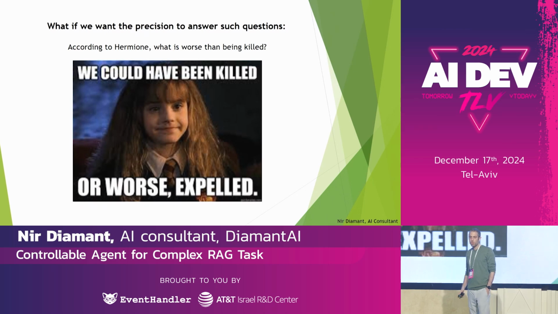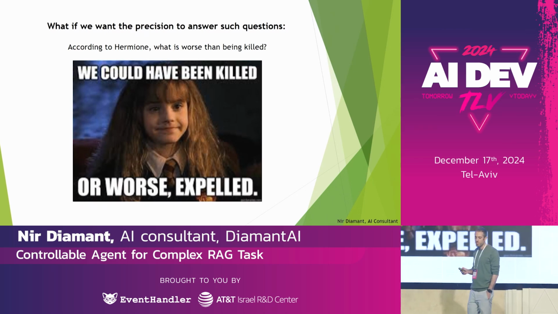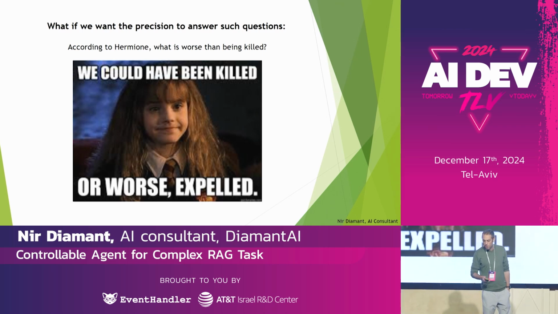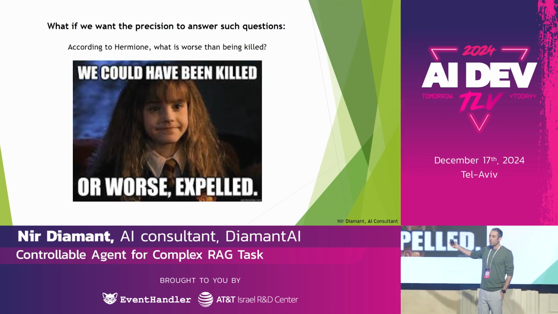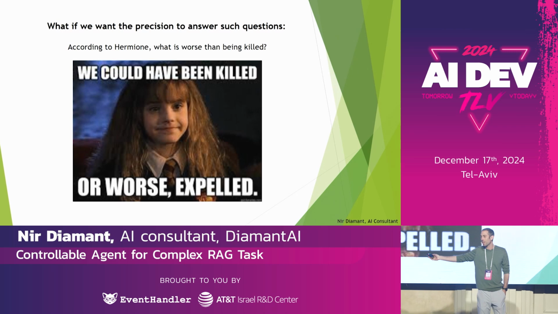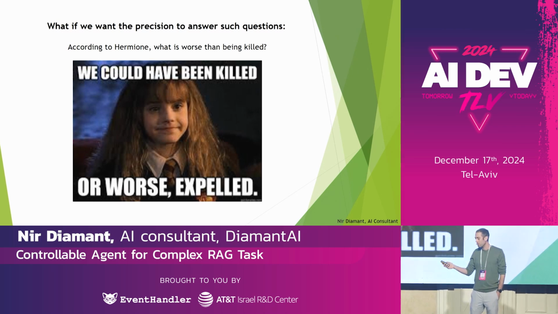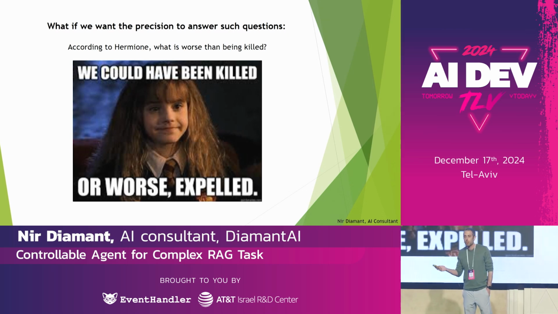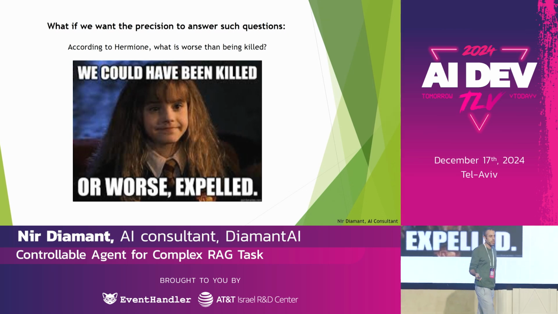Now, if you want much higher precision, for example specific quotes from the book. I don't know how many of you read Harry Potter or saw the movies. I guess many of you. There is this very famous quote of Hermione saying, "We could have been killed, or worse, expelled." So if you ask, according to Hermione, what's worse than being killed?